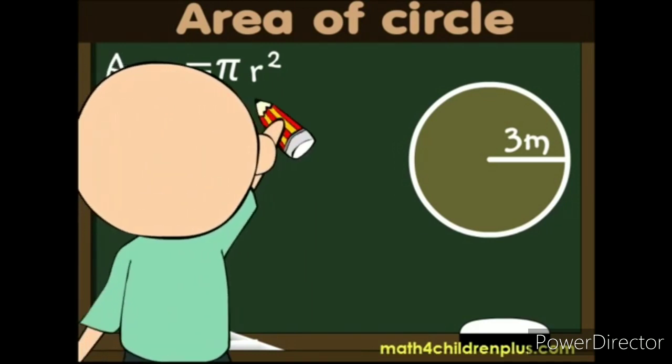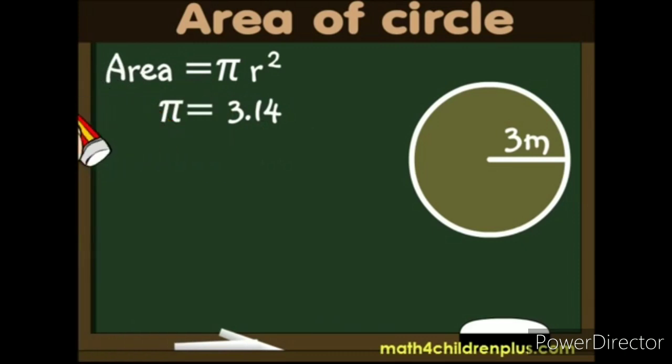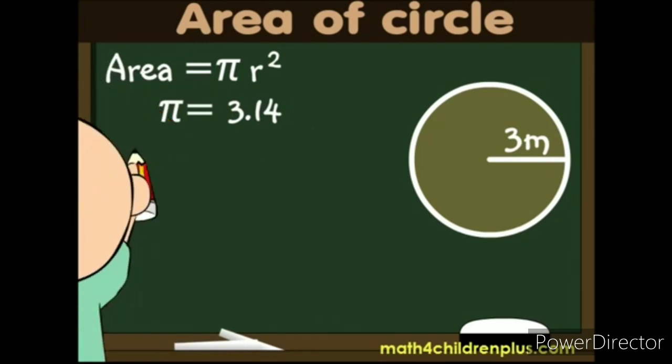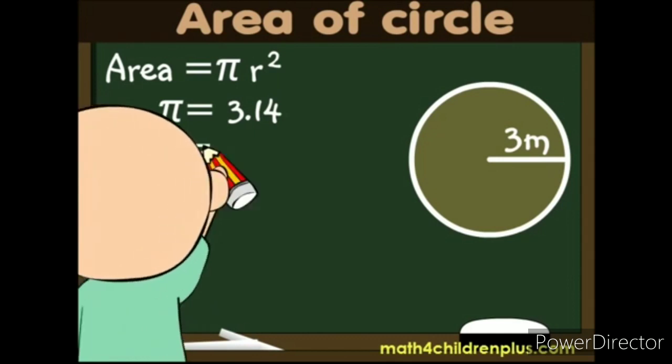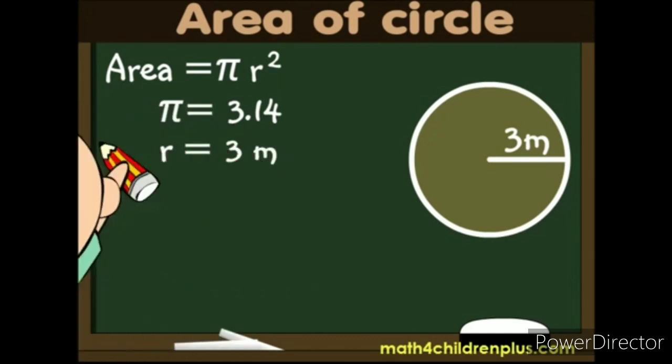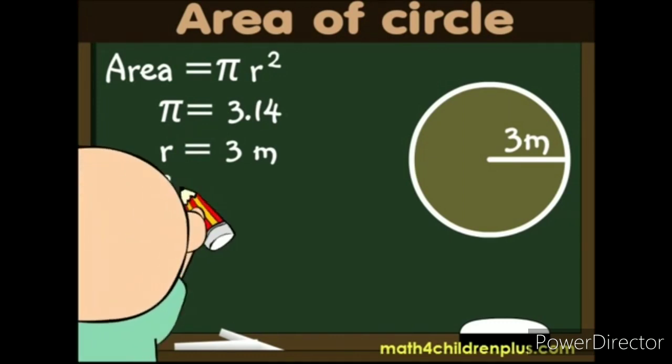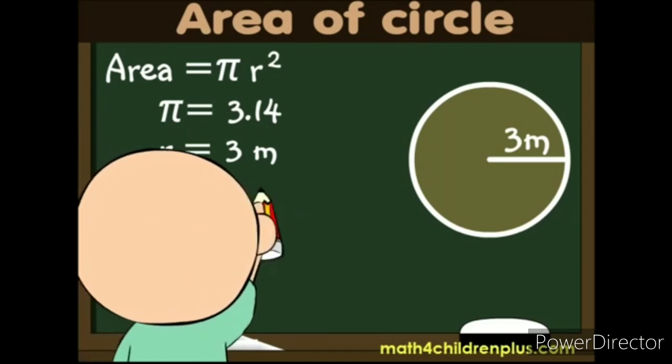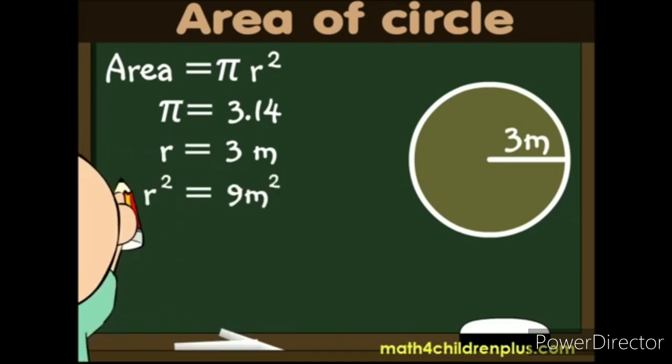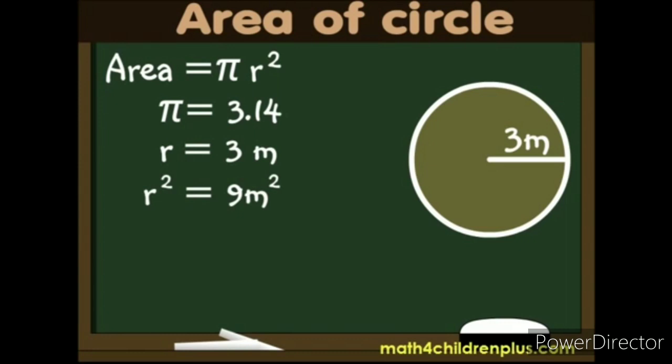So what we do with this circle is we realize that pi equals 3.14. The radius in this situation is 3 meters. Radius squared equals 9 meters squared for this circle.